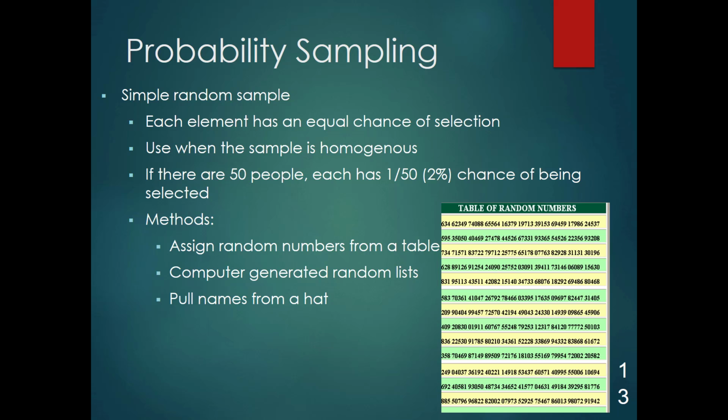You would start at some random location, and then proceed down to the nearest column of random numbers, and then you would read the same number of digits that is consistent with the number of digits in the desired sample size. And once you select your numbers, you match the random numbers from the table to the numbers assigned to your elements on the sampling frame. And then that's who you would select to be in the sample.